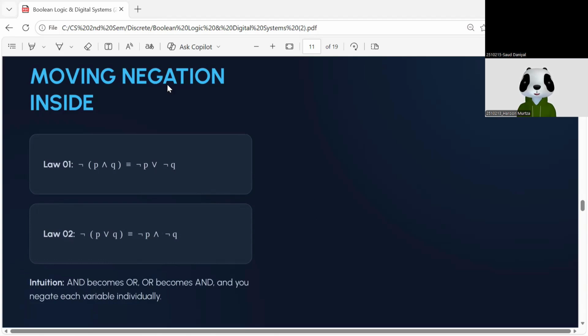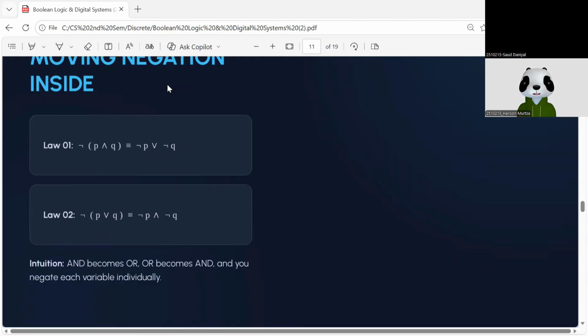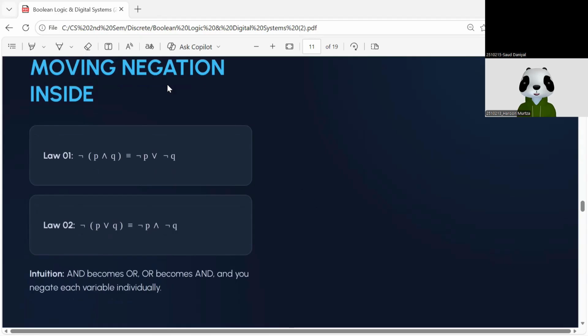So both sides become equal. An easy trick to remember it is that the NOT moves inside, and the AND operator changes into OR. The next law is the negation of OR becomes AND, and each variable is individually negated. It is the same procedure as law 1. Next.